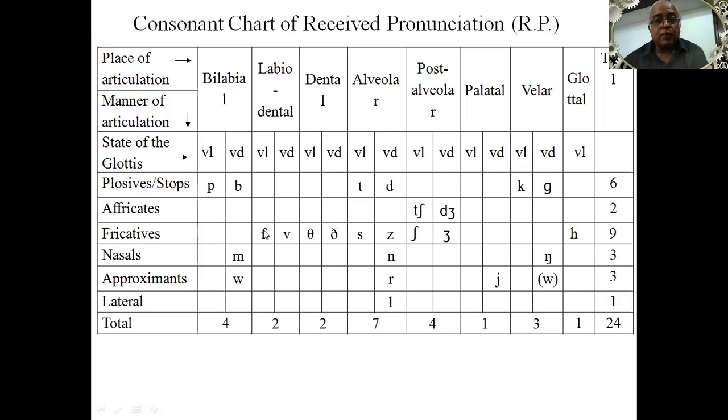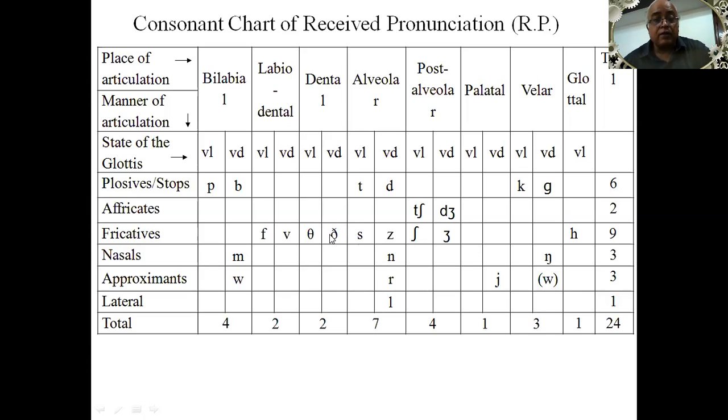Fricatives, there are 9. Fa and va may be difficult to produce for some, but it may not be difficult to recognize the symbols. Theta and eth are both difficult to recognize the symbols and produce them.